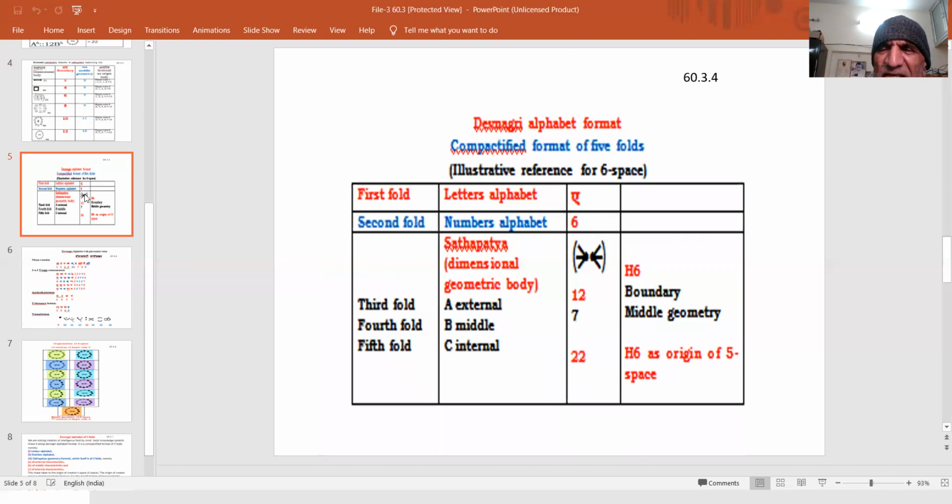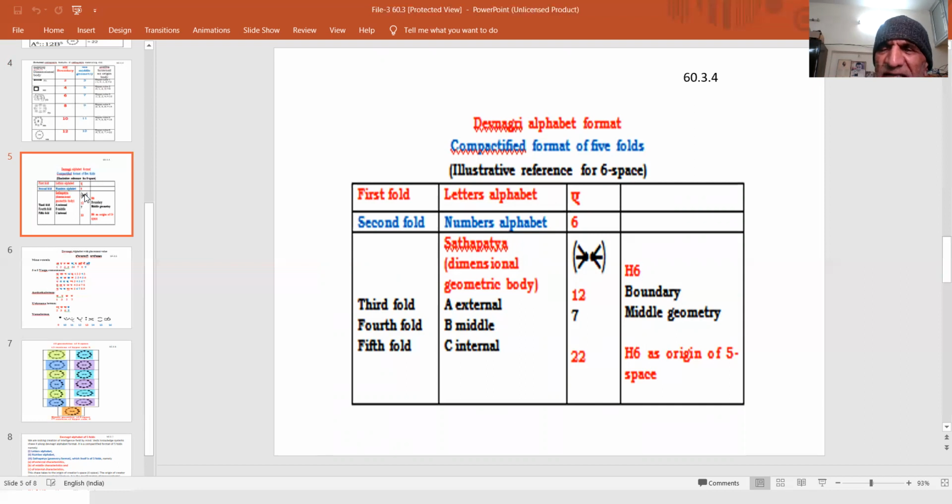The first letter is A, so it is a letters alphabet description as the 6th vowel. The second fold is numbers alphabet. The number 6 is the placement number of the first letter A, the 6th vowel, in the row of 9 vowels.